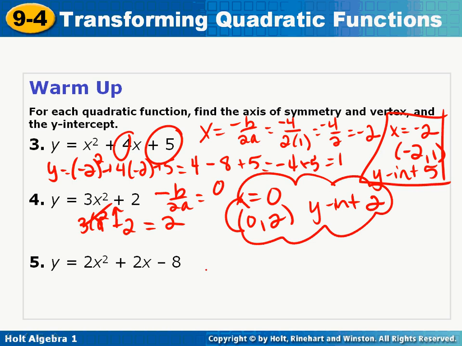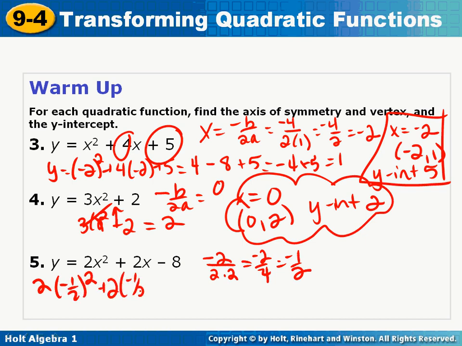Number 5, negative b over 2a will be negative 2 over 2 times 2, which is negative 2 over 4, or negative 1/2. Now I have to take that and plug it in. 2 times negative 1/2 squared plus 2 times negative 1/2 minus 8.